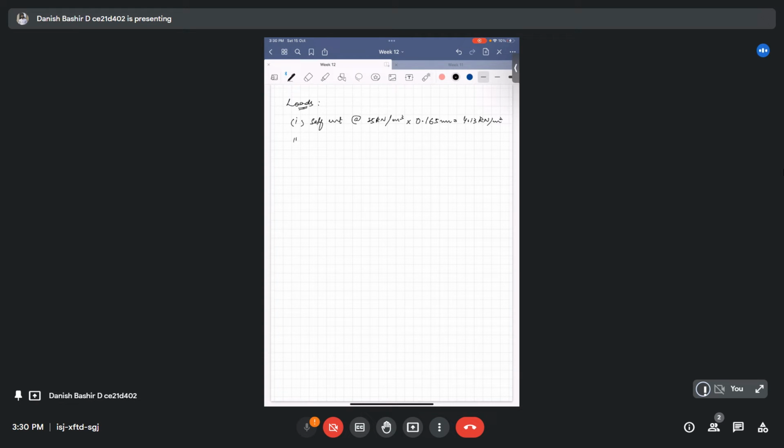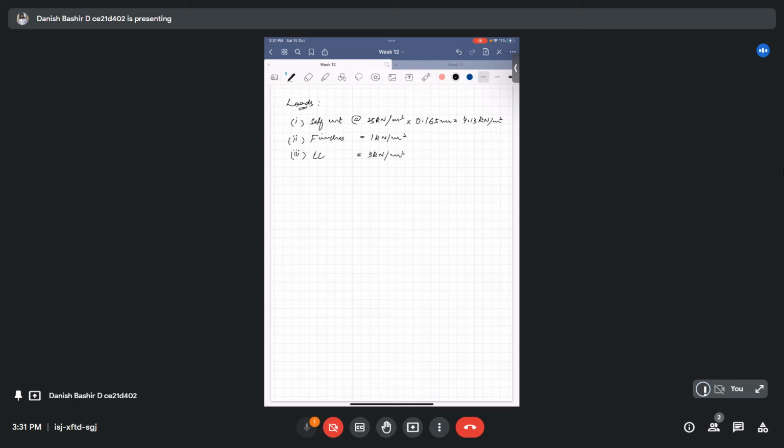So second is finishes. Finishes is already given as 1 kilonewton per meter square, and third point is live loads. Live load is already given as 3 kilonewton per meter square.